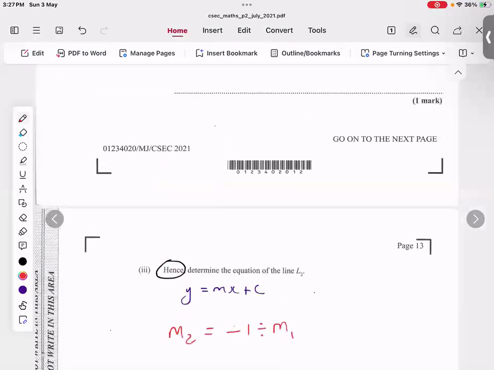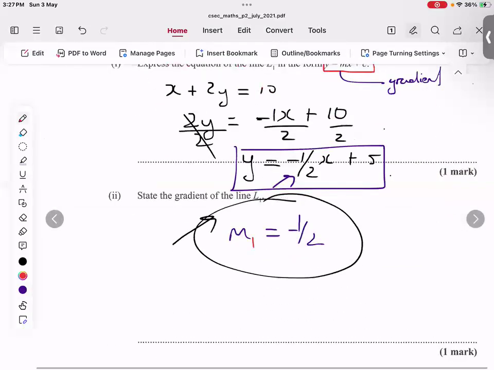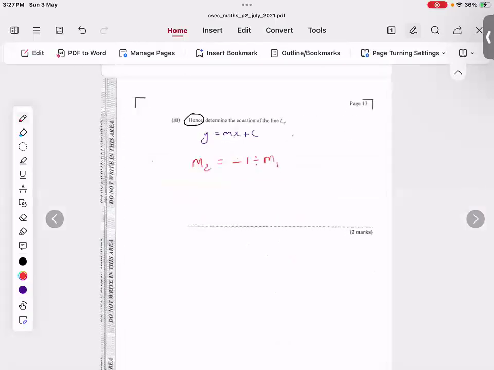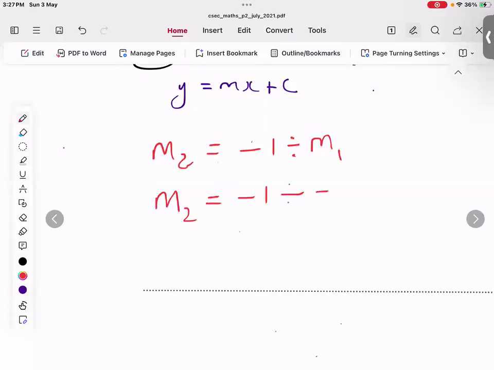We already know that M1 from up here is -1/2. So the new gradient, the one for the perpendicular line, is equal to -1 divided by the gradient of the first line, which is -1/2.